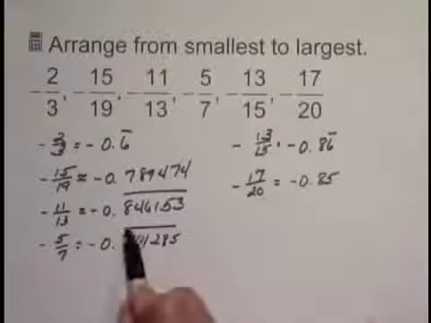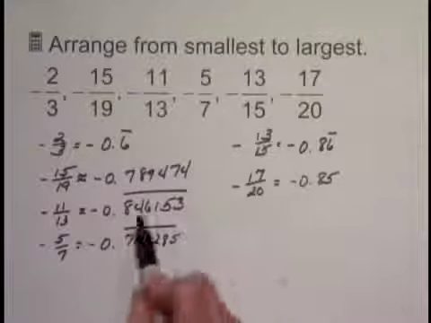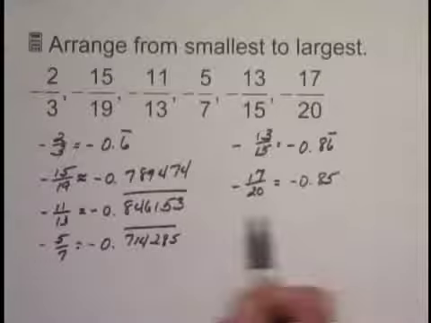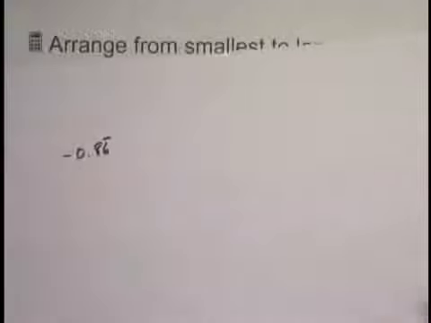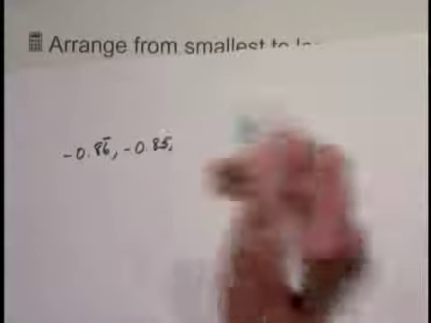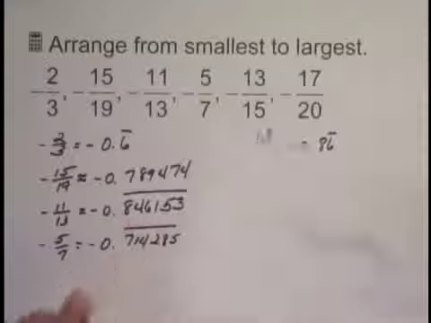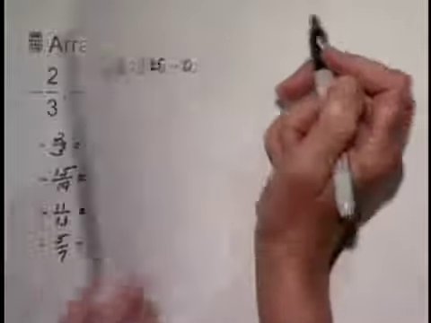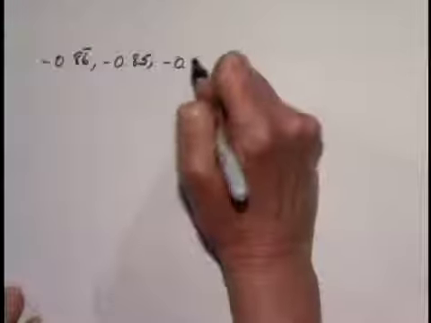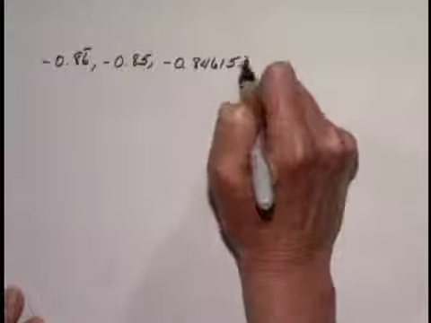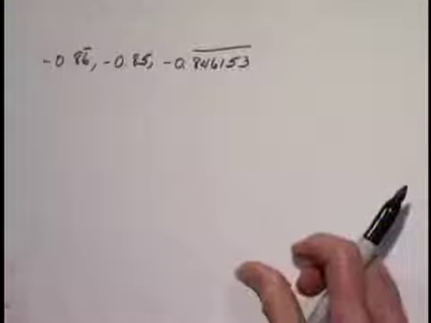Then I'm going to look at this number, and the 4 and the 5 differ. 5 is the bigger number, which means the bigger digit, which means that this is the smaller of the 2 numbers. So the next one is going to be negative 0.85, and then the third one is going to be this number, negative 0.846153, where that's a repeating decimal.